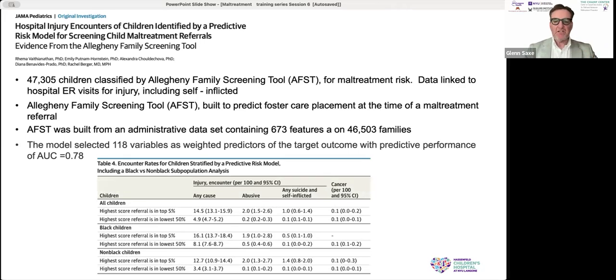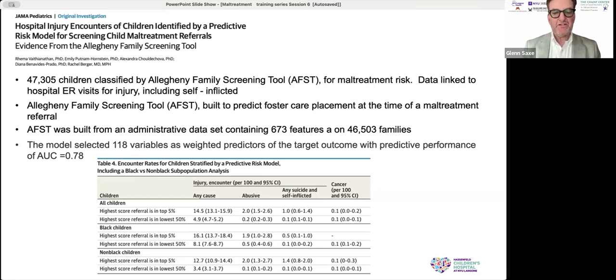And so this is the data table. If you look first at all children, they're looking at those who got the highest score in the top 5% versus everyone in the lowest 50%. This is injury encounters per 100 people. If it's an injury from any cause, for the highest it was 14.5 per 100.